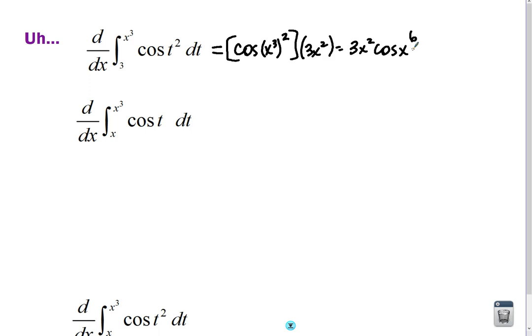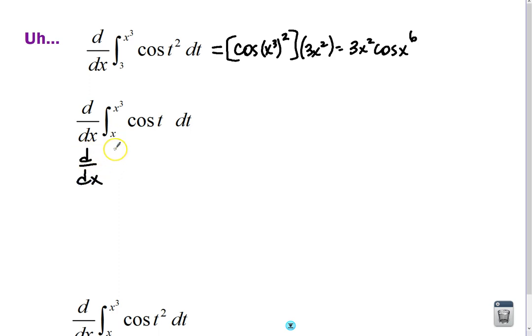Oh, this next one is a little bit different because I have an x and an x cubed on the top and the bottom. Just for this one, I'm going to do it the long way, and then we're going to recognize a pattern to see if we can do this the short way in the future.